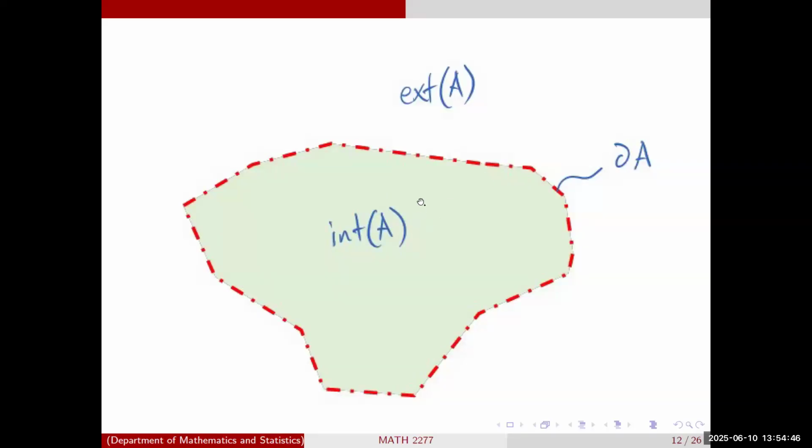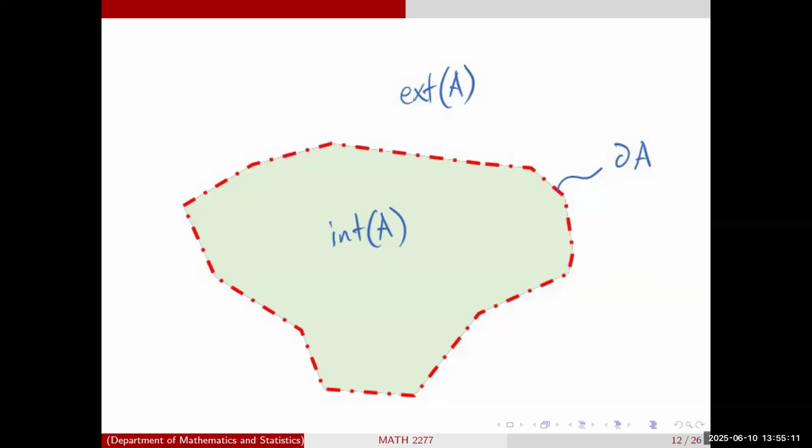Given any set A, the interior is the part inside, the exterior is the part outside, and the boundary is the set in between.